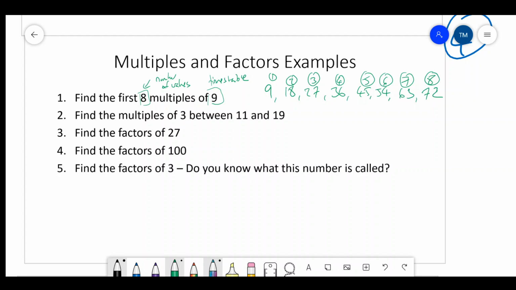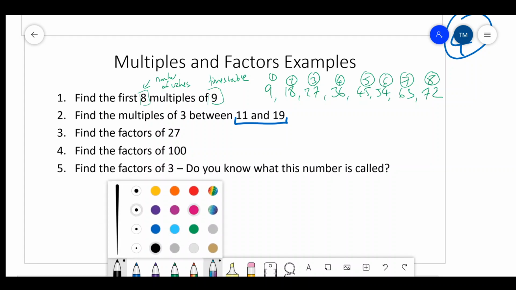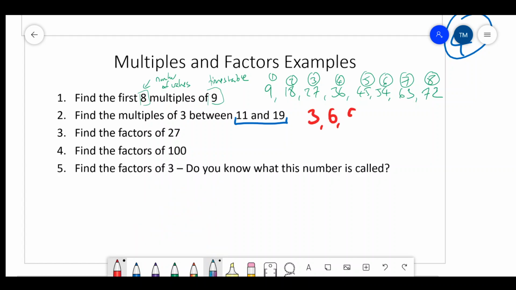The second one is find the multiples of 3 between 11 and 19. So this one is a little bit of a different question because we have got a range that we are focusing on. We only care about what happens between 11 and 19. So if we start from 1, we know that 3, 6 and 9 will not be part of our answer because they are less than 11.